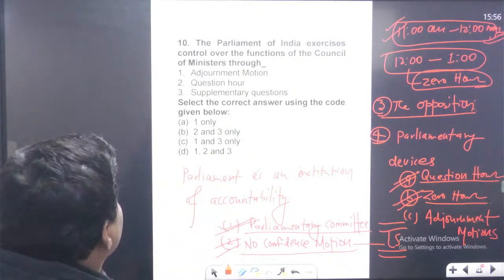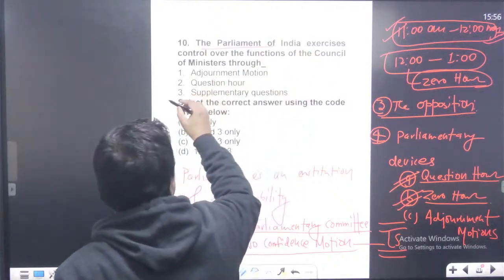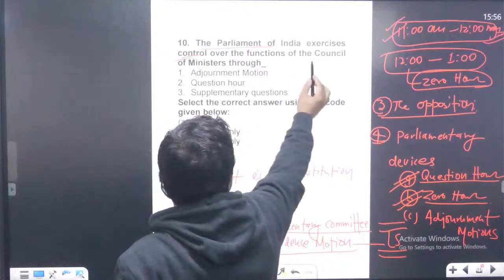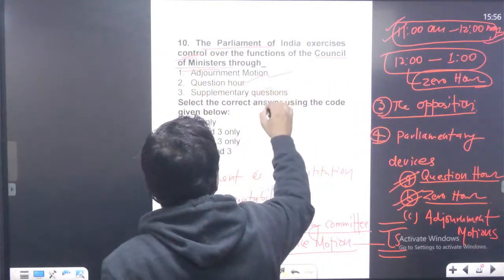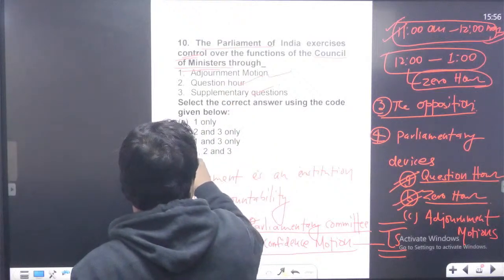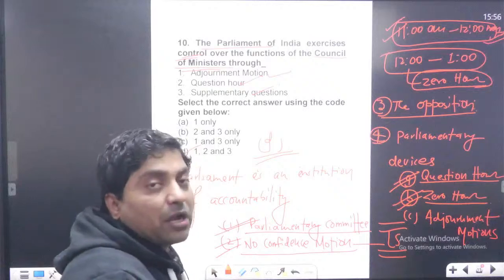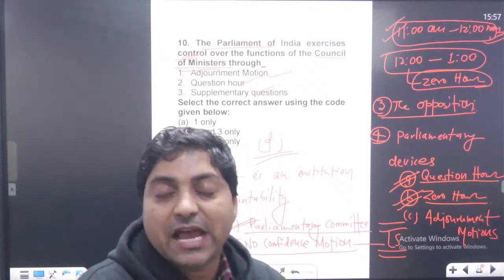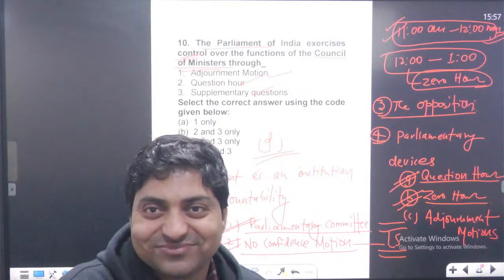So here, the parliament controls the government, the council of ministers. So all three, 1, 2, 3, would be correct. Parliament is an institution of accountability.